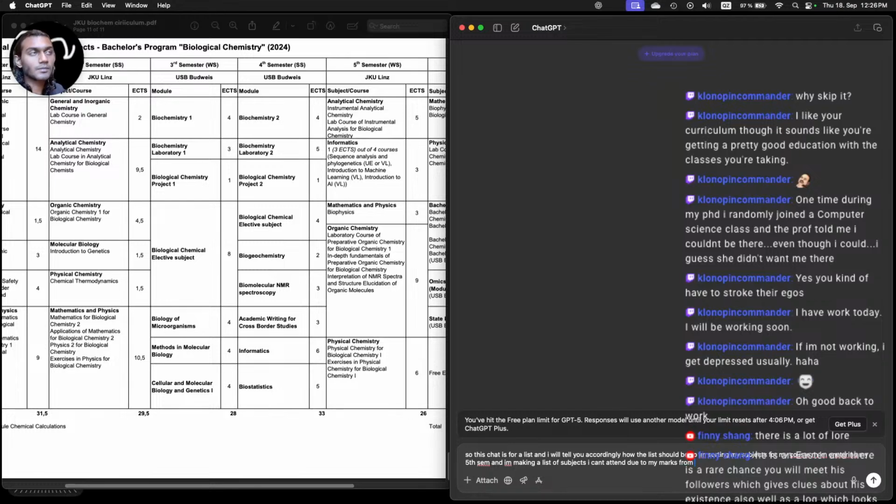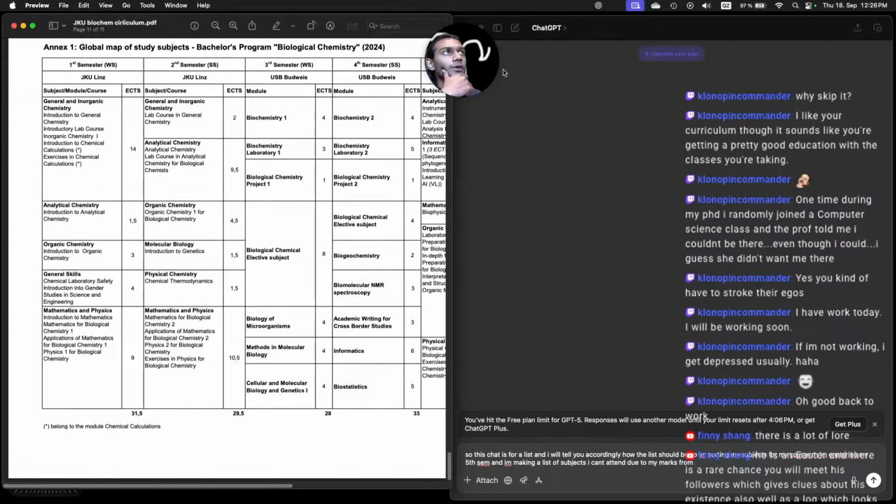Why skip it? Okay, I think I explained this, but I'll explain it again. From the first two semesters, I have to pass a specific number of subjects, especially general chemistry. I did not pass introduction to general chemistry, and introduction to chemical calculation, those two subjects from the second semester.